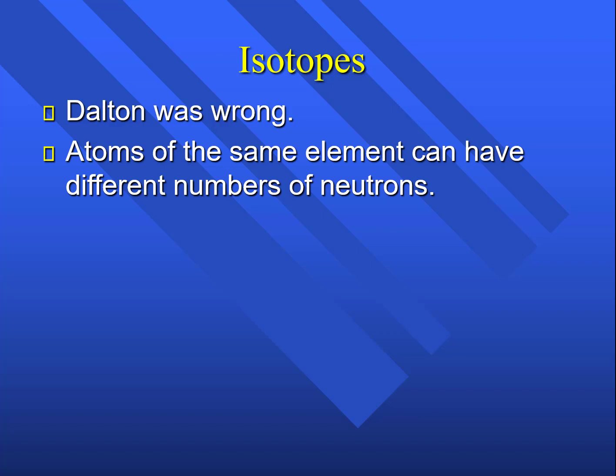Atoms of the same element can have different numbers of neutrons, different numbers of neutral pieces. And the next thing we do, you'll see that number of protons and number of neutrons affects whether an atom is radioactive or not.